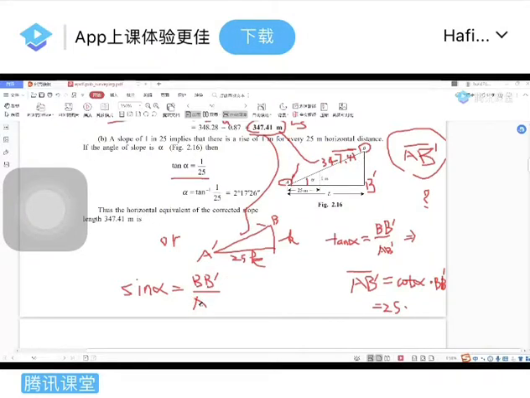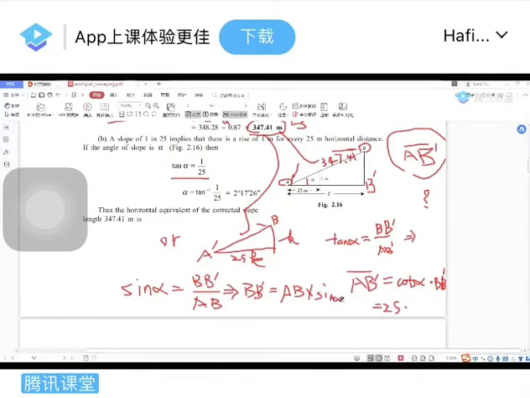This is sine alpha. So what's BB prime? Now we can get the number of BB prime. BB prime equals AB times sine alpha, right? AB we already know, based on the standardized length, is 347, so we already know this one. How about the next one? The next one is sine alpha. Do I know sine alpha?